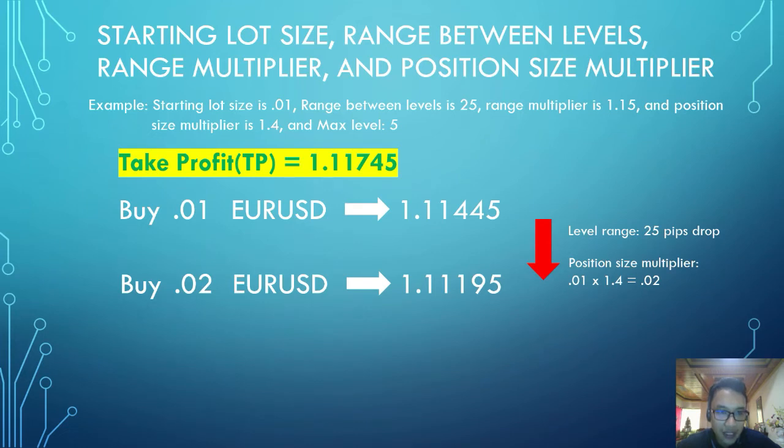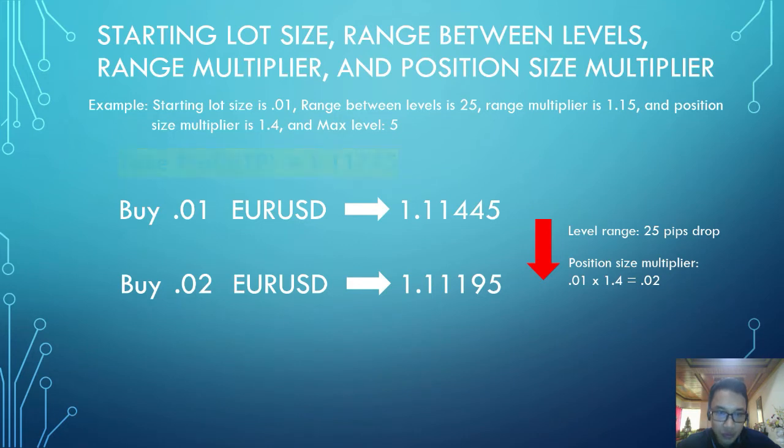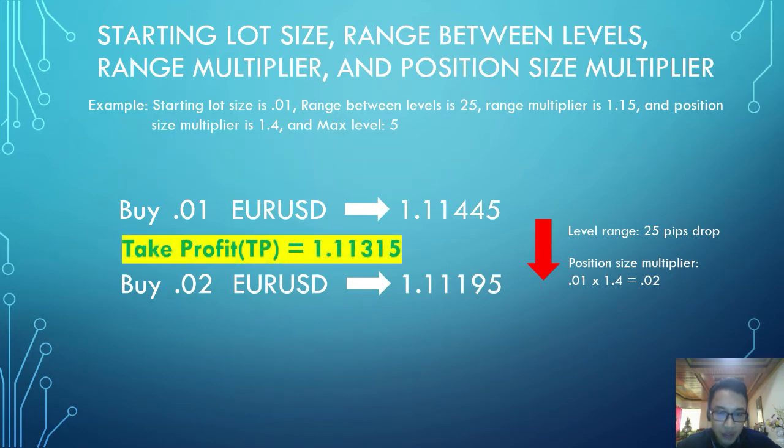Take profit, by the way, is when the current price reaches this price, the order will automatically close and add up to your balance. For this example, since we cost average, the robot would change the take profit from 1.11745 to 1.11315.